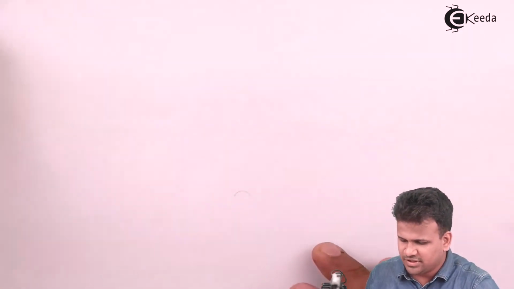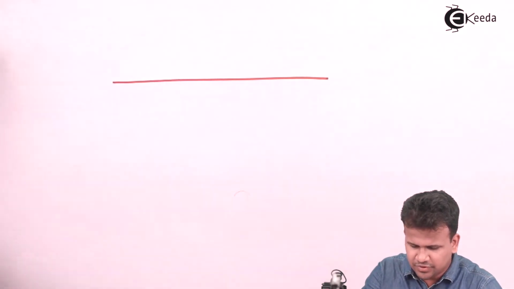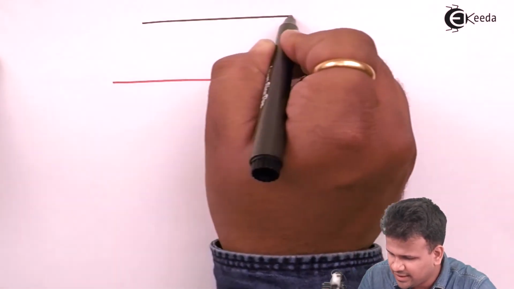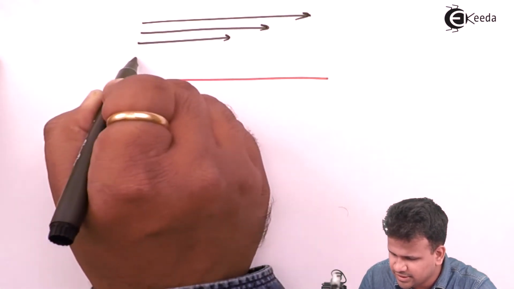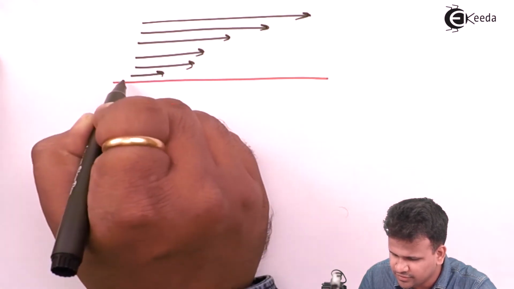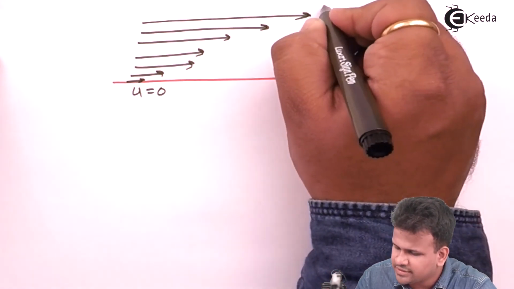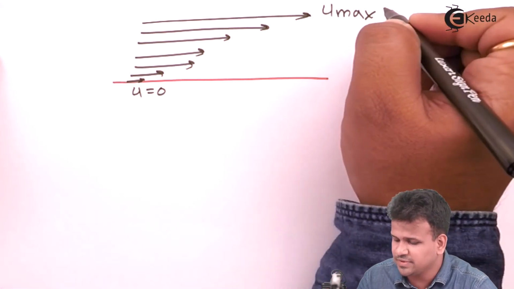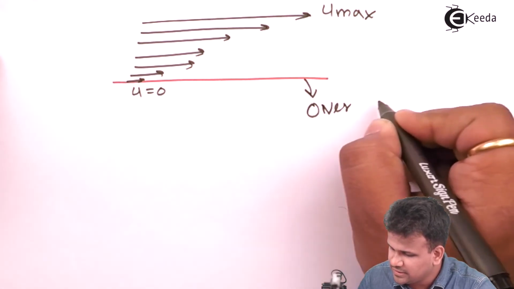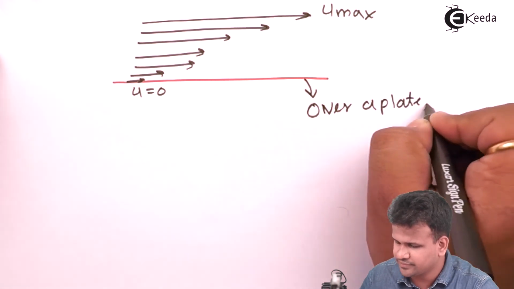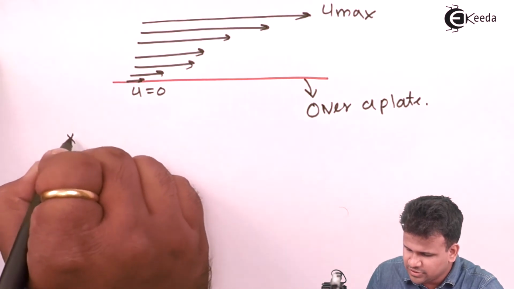That means if it is flowing in laminar flow, the topmost layer will be traveling at a very high velocity, then the second layer, third layer, fourth layer, and so on, and the bottommost layer will have zero velocity, and the topmost layer will have maximum velocity if the fluid is flowing over a plate.